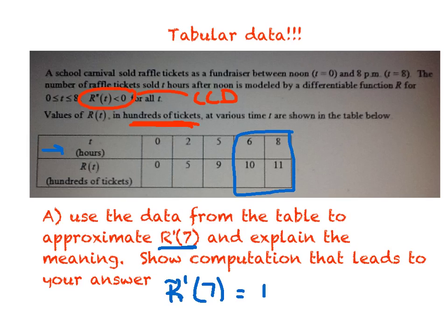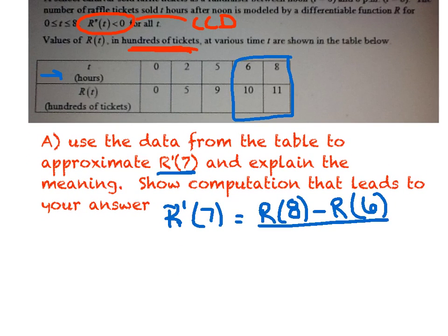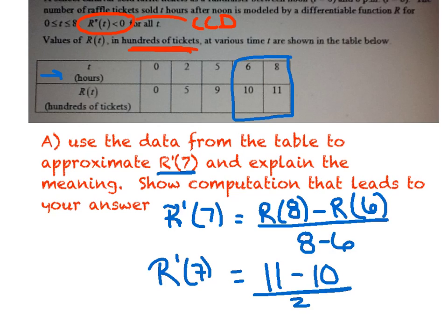I'm going to say r of 8 minus r of 6 all over 8 minus 6. To get 7, I'm doing the slope between 6 and 8. So r prime of 7, r of 8 is 11, minus r of 6 is 10, all over 2.